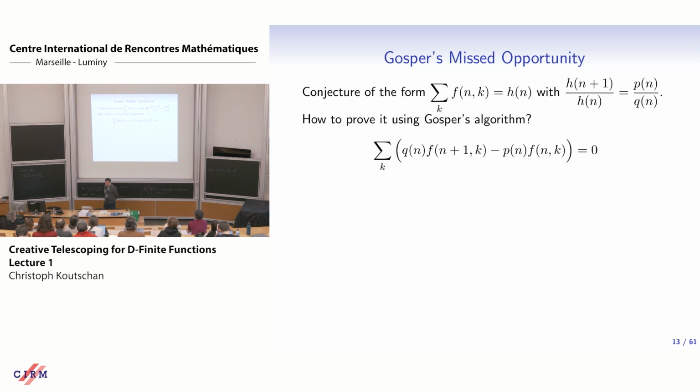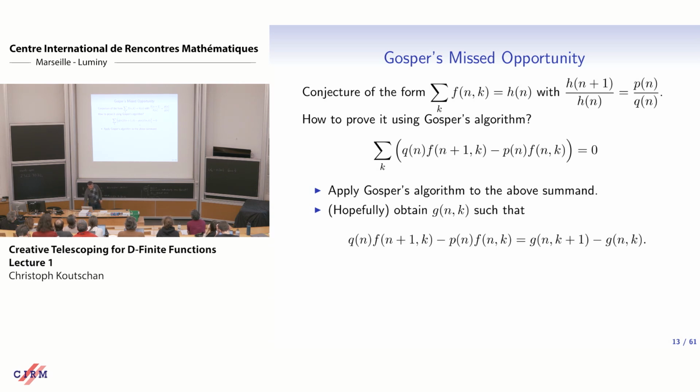Yes? And this is something that Gosper's algorithm can do. We can apply Gosper's algorithm to this complicated looking summand. And if we are lucky, we find a G that is an anti-difference of this summand. So G shifted k plus 1 minus G of n and k is this expression.